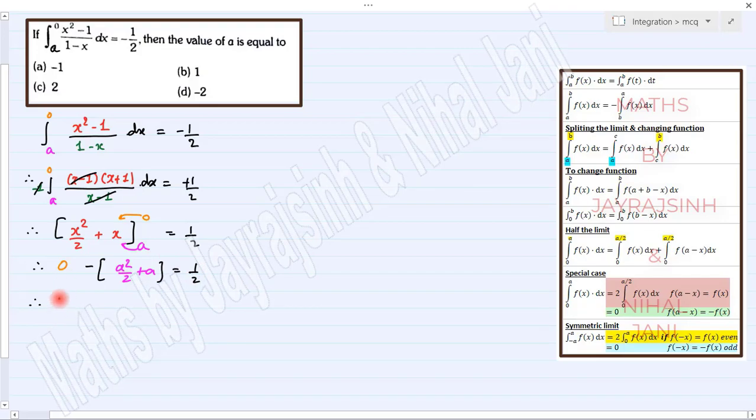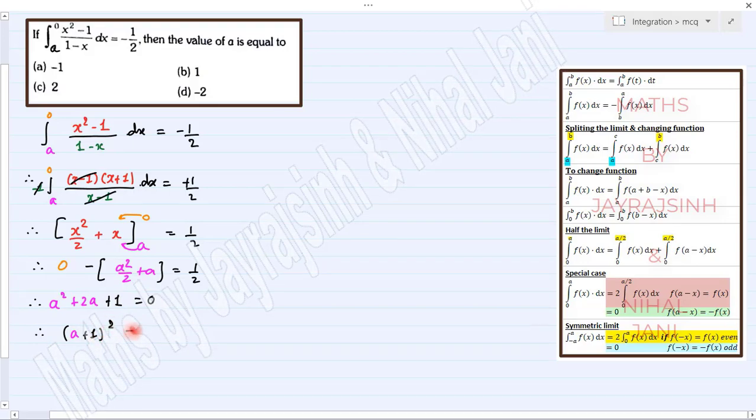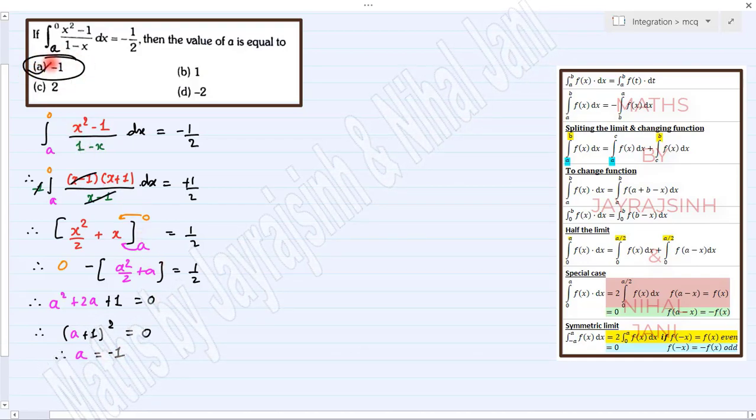We can simplify this as a square plus 2a plus 1 is equal to 0. So a plus 1 the whole square. So the value of a is simply minus 1, which is given in option A. Ta-da!